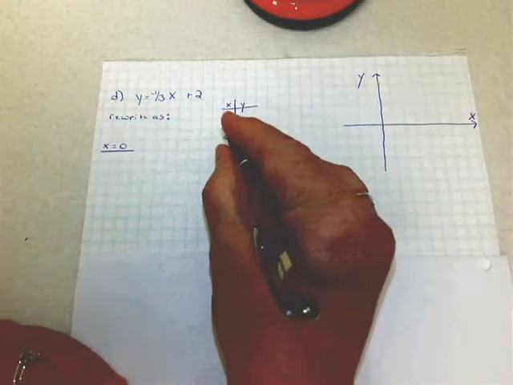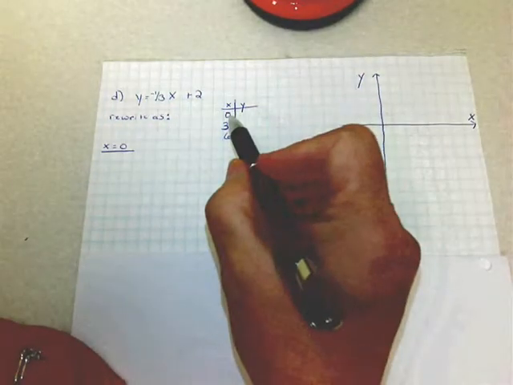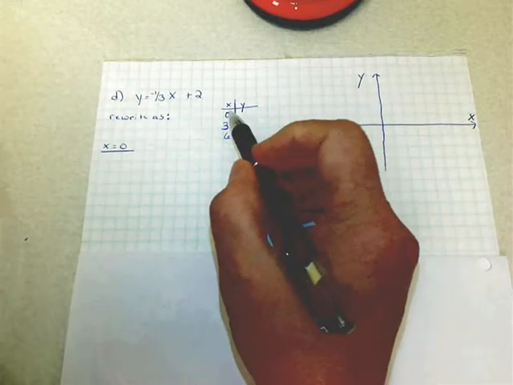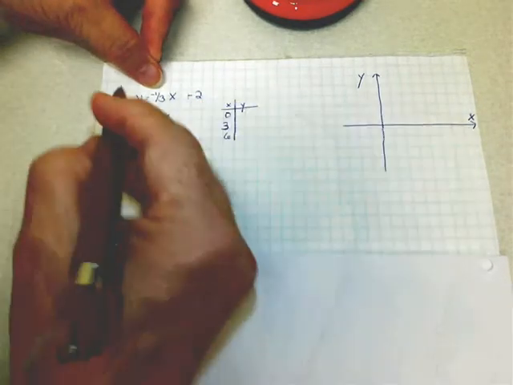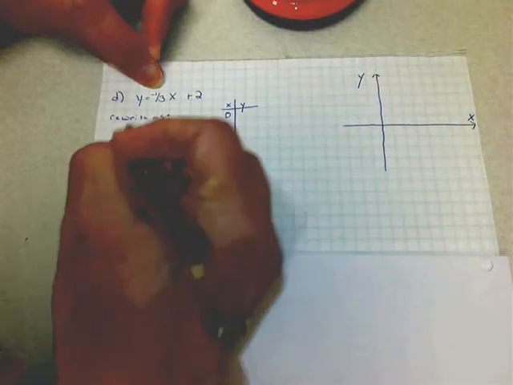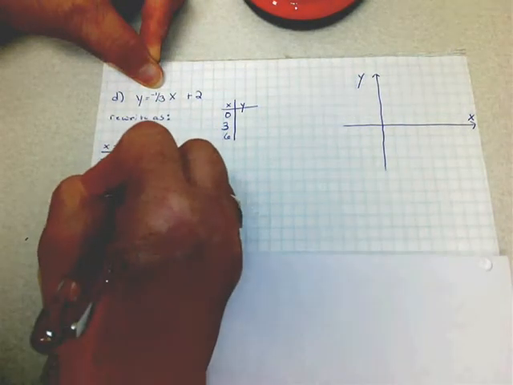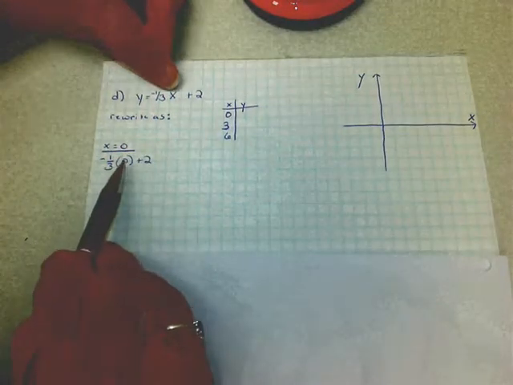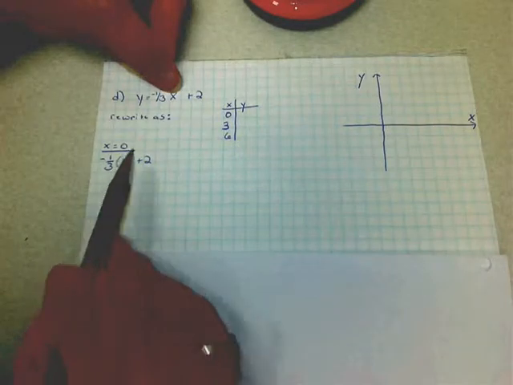So always 0 is one of the nice points that we can almost always use. So we take negative 1 over 3 times 0 plus 2. So all I've done is replace x with 0.